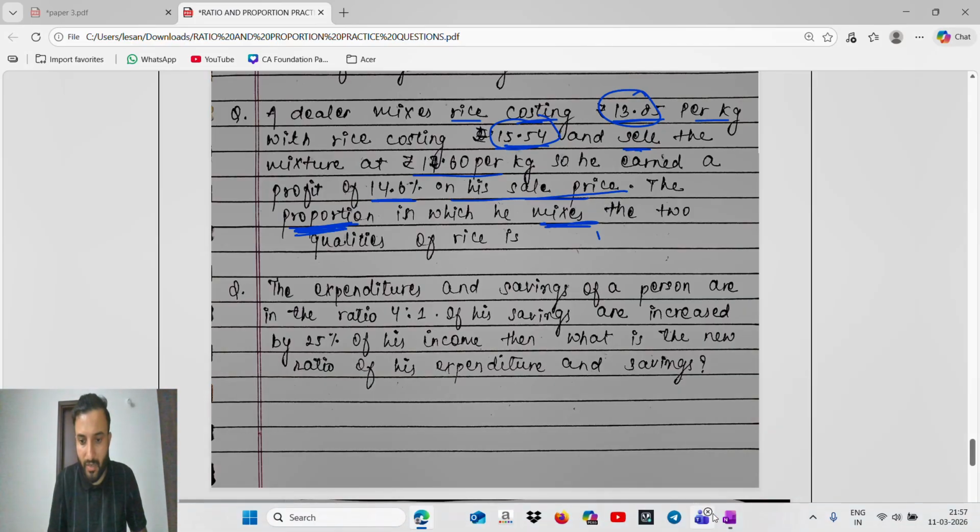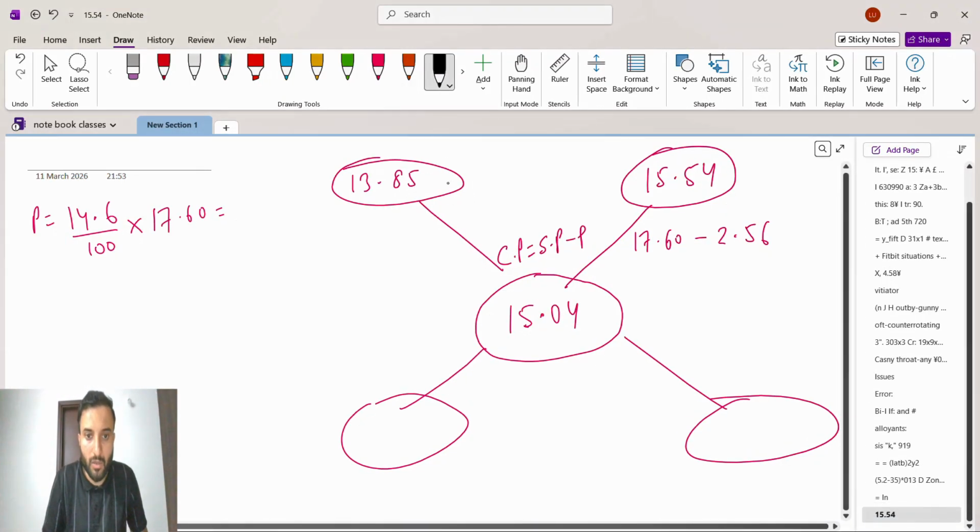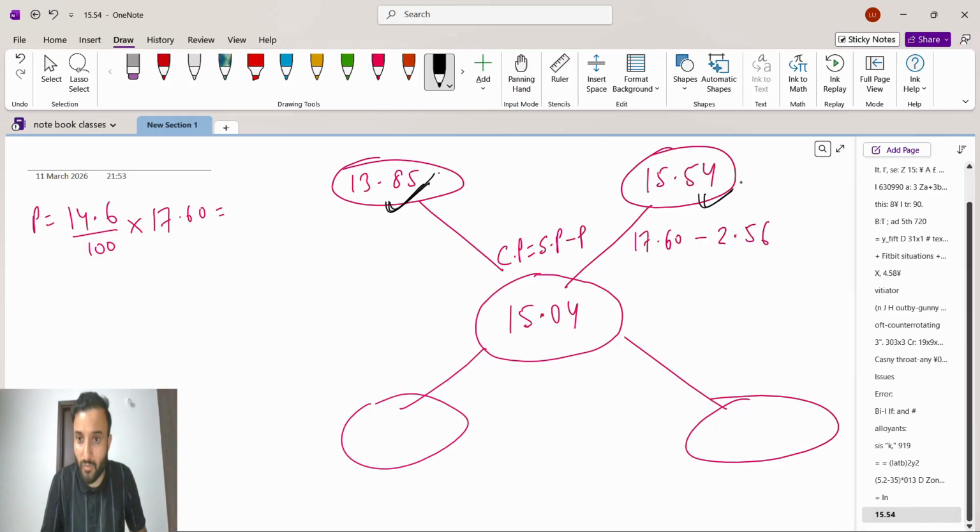So that time we have to write the cost price of one kind, cost price of other kind, and here you have to write the cost price of mixture. If they give directly the cost price of mixture, we will write it. Otherwise they will give the selling price and profit, and then we will use this formula: cost price is selling price minus profit. We know how to find the profit percentage of selling price.